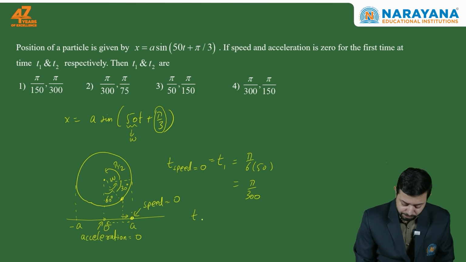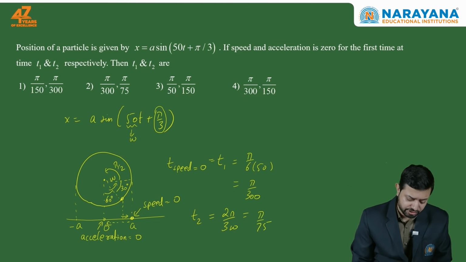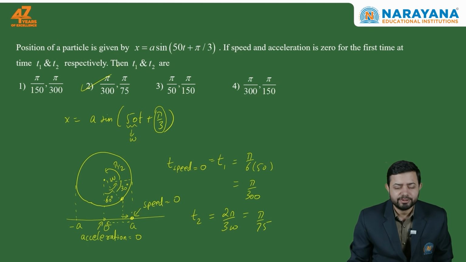So the time T2 for which acceleration is 0 is going to be 2 pi by 3 omega. Okay, and therefore this value is around pi by 75, and hence the option is the second option. I hope it's clear to everybody, right? So these are the questions, and these are the respective answers.